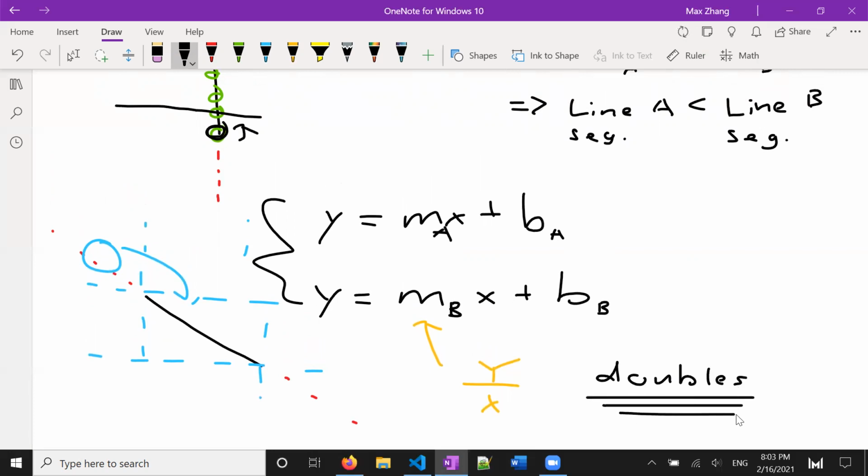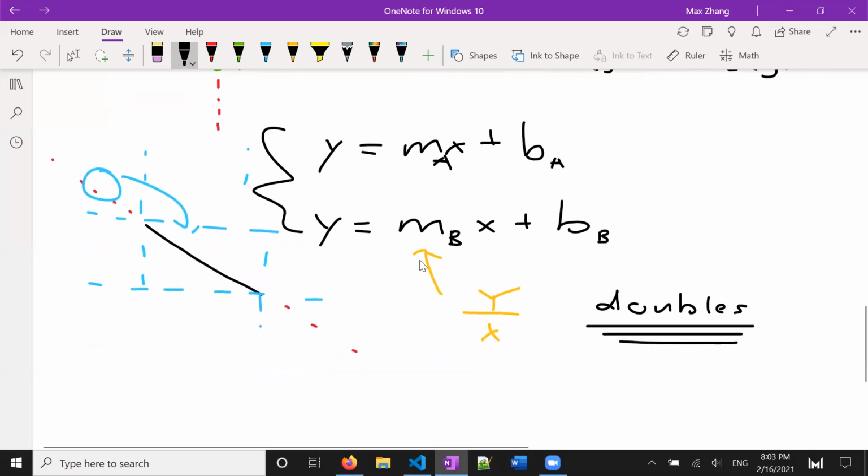And the thing about doubles is that in programming, you often want to avoid doubles whenever possible because doubles can introduce precision errors. Without going into too much detail on how precision errors work, and you can Google this if you are interested, basically, in programming, let's say you have 1/3.